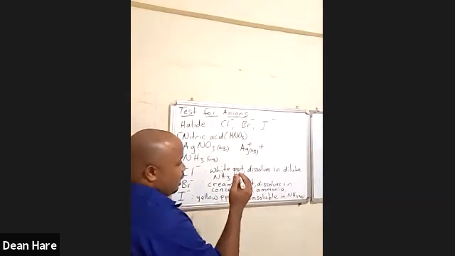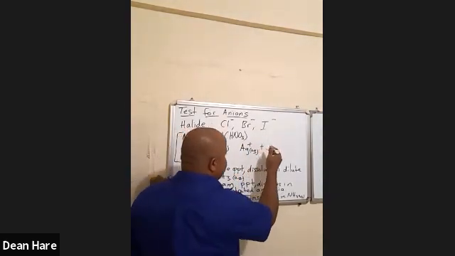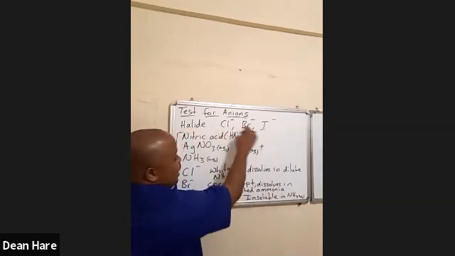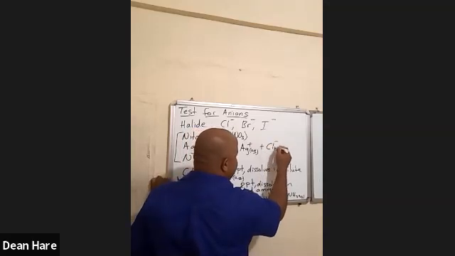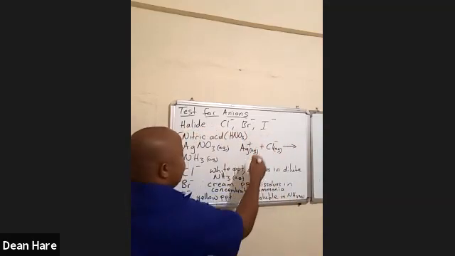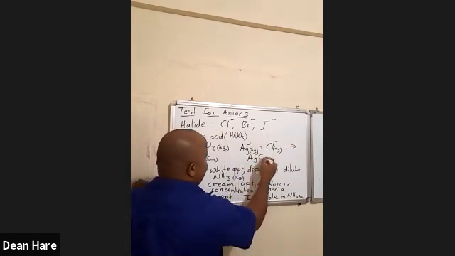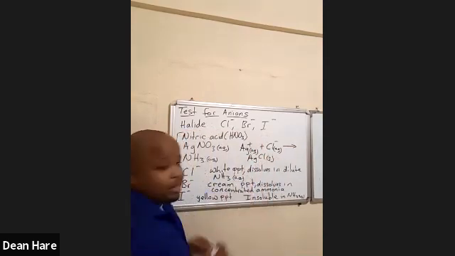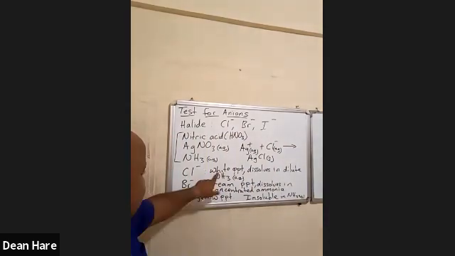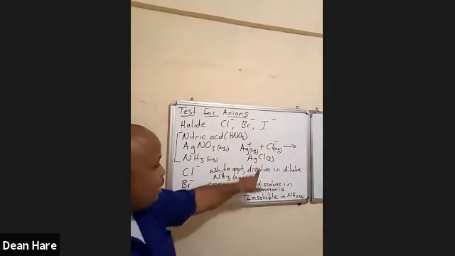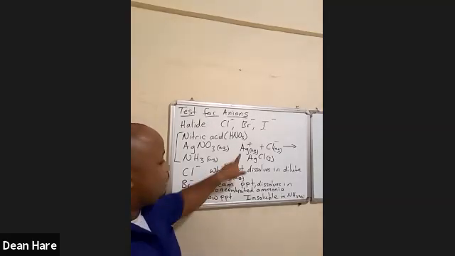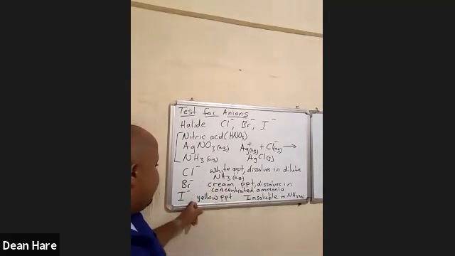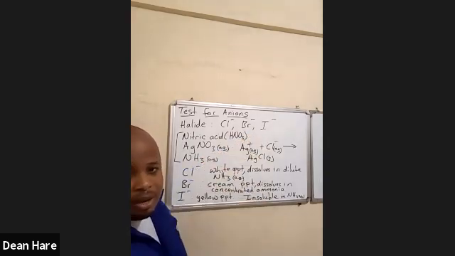So silver ion will combine with your halide ion to form silver chloride, which is a solid, right? So you will get a white precipitate of silver chloride, a cream precipitate of silver bromide, and a yellow precipitate of silver iodide.